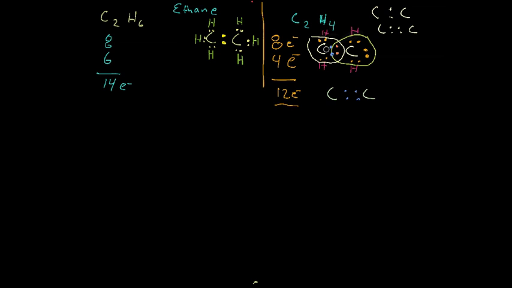I need it to be 8. You don't get to 8 by subtracting, you get to 8 by adding. So I'm going to take these 2 electrons, or these 2, or these 2, it doesn't really matter, and bring them over to make it a double bond. So effectively, we're taking these 2 and putting them right there.